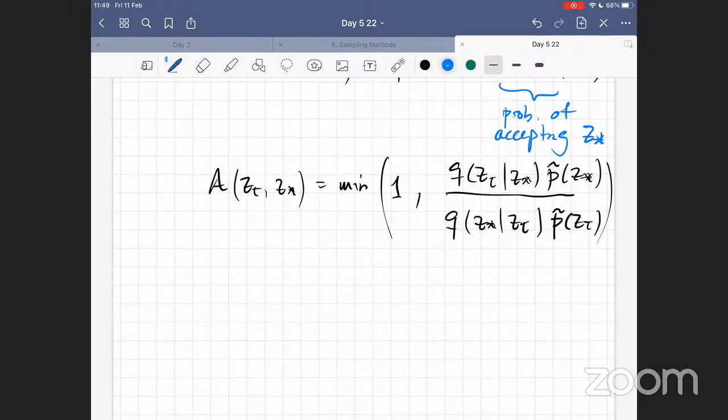So this condition enforces the detail balance. And I will demonstrate this in a second.